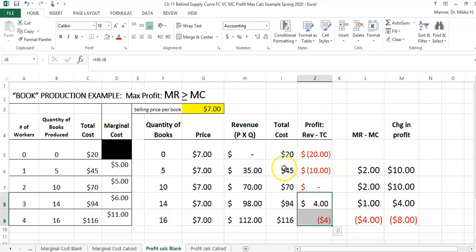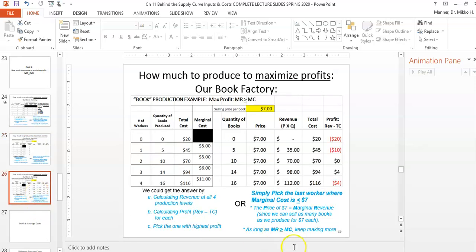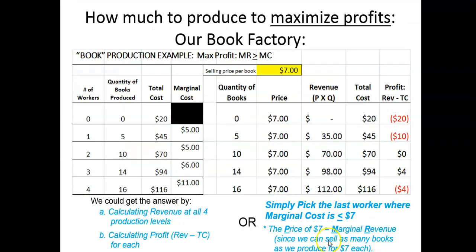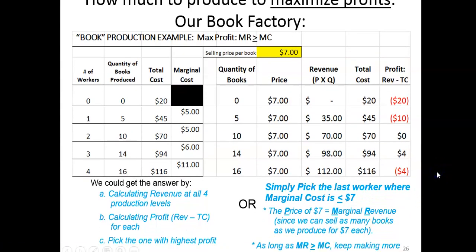So basically I went through this whole analysis to try to prove, and the next slide has it all calculated from the example we just did, that this is enough, right? If we didn't do all those calculations, you wouldn't be able to tell me how much profit we made when we hire 3 workers and sell 14 books.